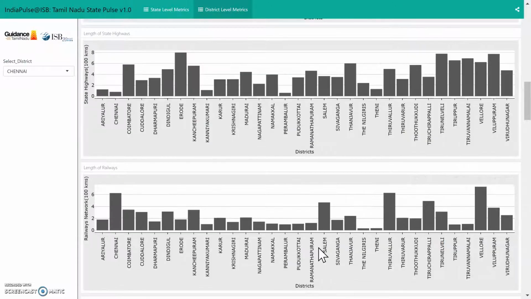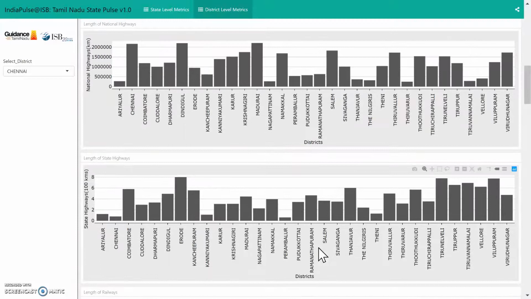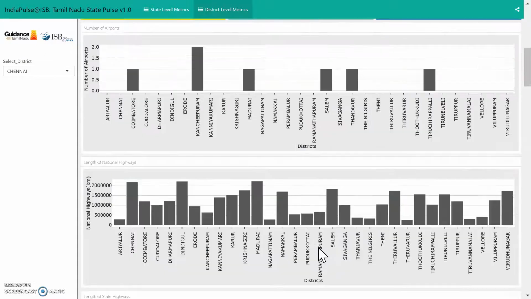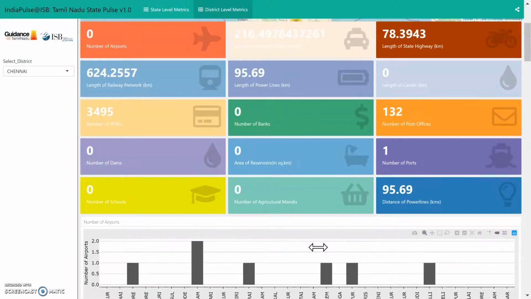So you decide. We invite researchers, you decide what matters for development and see if there is a link between what matters and some of these characteristics. So this dashboard gives you all the relevant characteristics, but you decide what matters.